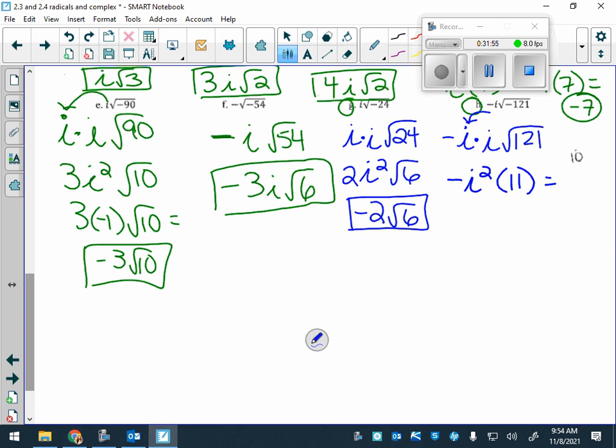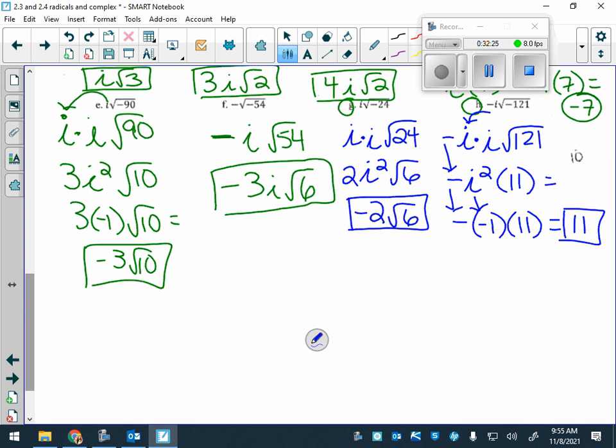What does i squared equal? Negative 1. Okay. When I multiply all of those, negative times a negative, what do I get? Positive, and you're left with 11. No, I didn't ignore it. I just brought it down. Okay, i squared equals negative 1.